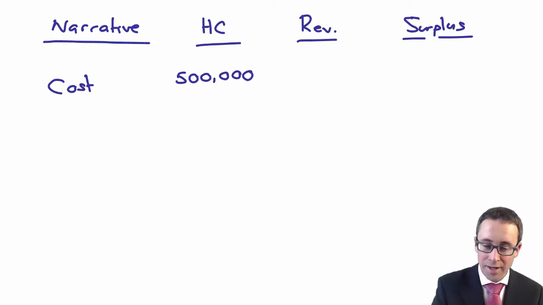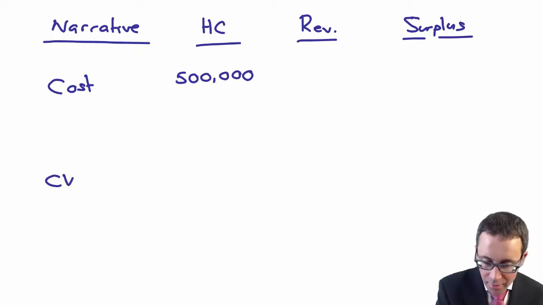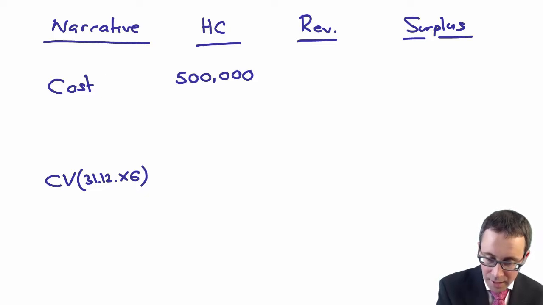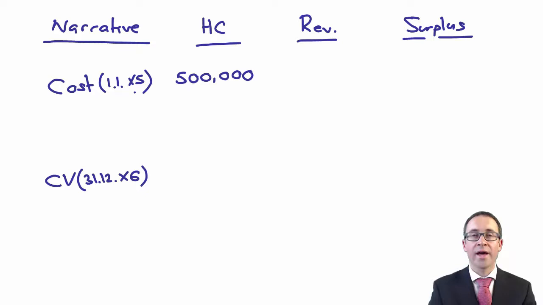We need to work out the carrying value at the 31st of December X6. The original cost was the 1st of January X5: all of X5, all of X6.